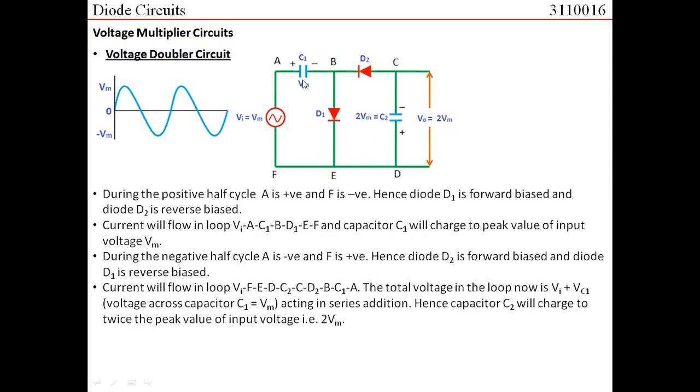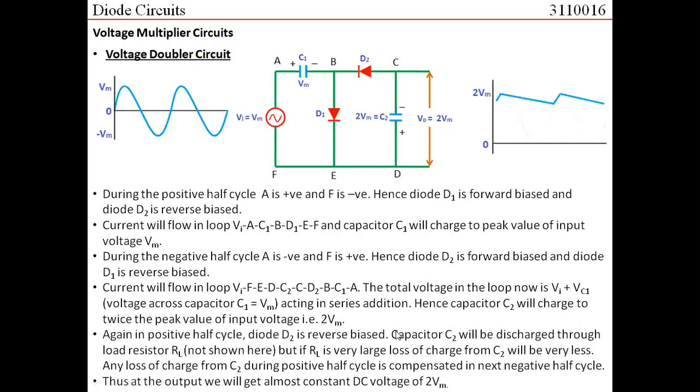They are in addition because A is negative. So positive and negative would be in series addition. So the voltages are added, input voltage plus Vc1. The voltage across capacitor C1 is Vm. Hence, the capacitor C2 will be charged to twice the peak of the input voltage, that is 2 Vm. So this capacitor would charge to 2 Vm.